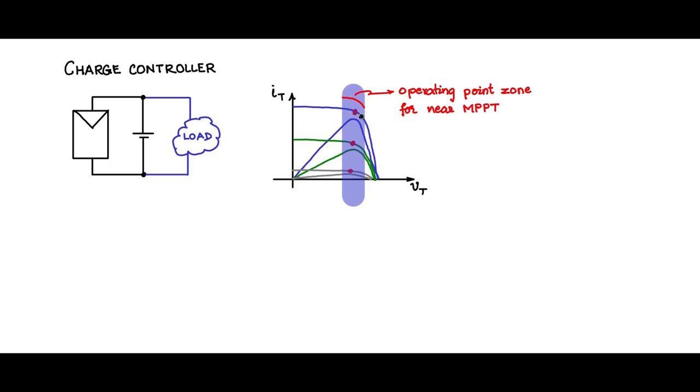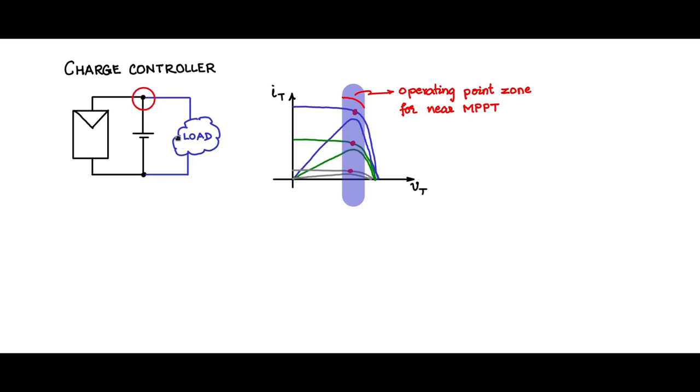So if the operating point has to hover around here, direct connection will not work. Direct connection of the battery here will not work. You need to have some electronics here which will properly manage the power flow from the PV to the battery, from the PV to the load, between the battery and the load, and all those things.